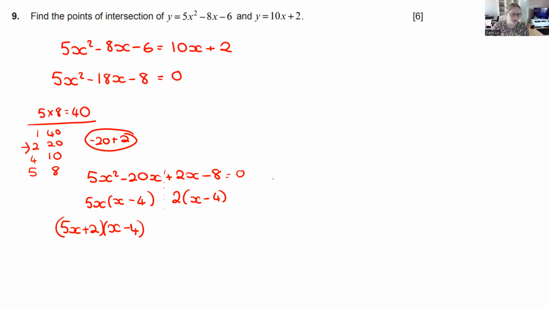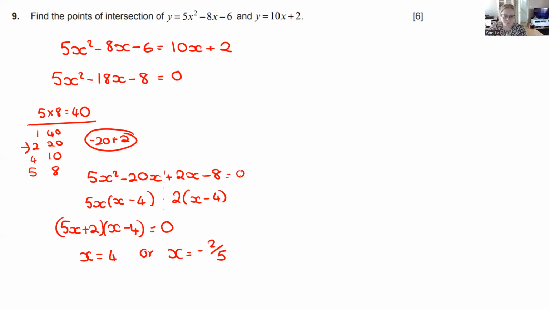I like having the number in front, with the one with the coefficient in. So that's equal to 0, which means x is 4, or x is minus 2 over 5. Just be aware, if there's a coefficient in front of the x, we have to put that underneath.